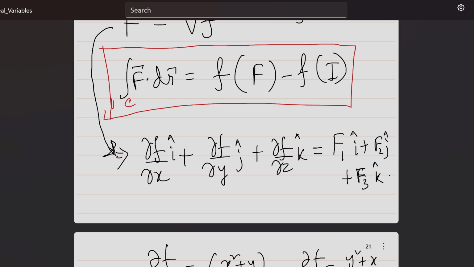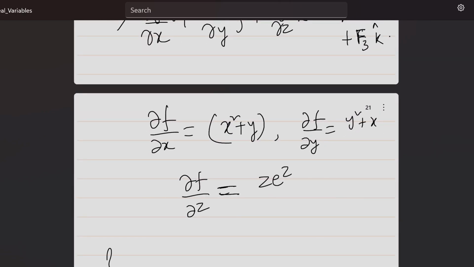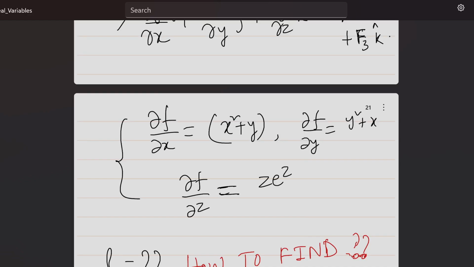Okay. So can you tell me what is f from these three? How to find it? It is a partial differential equation. I am getting some partial derivatives of f as del f del x, del f del y, del f del z.